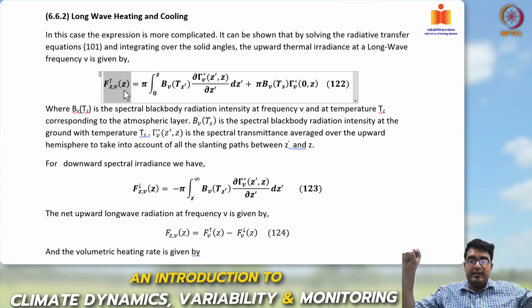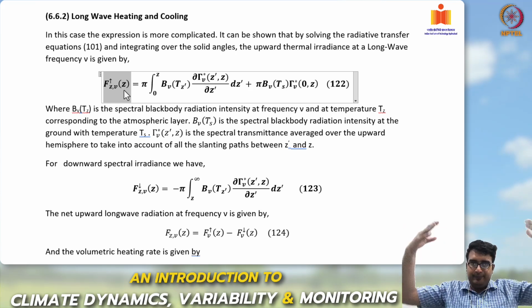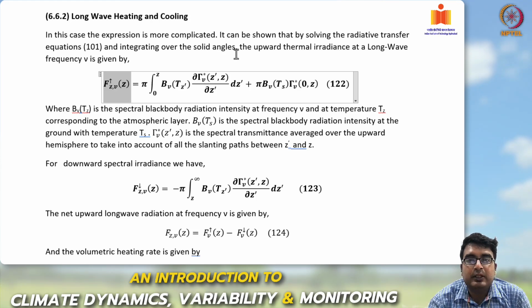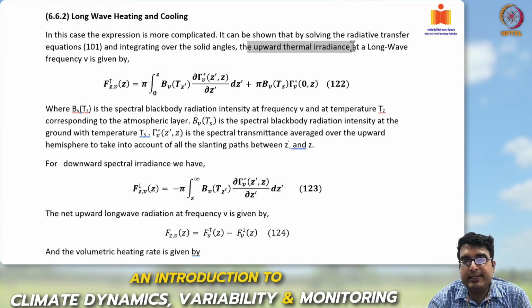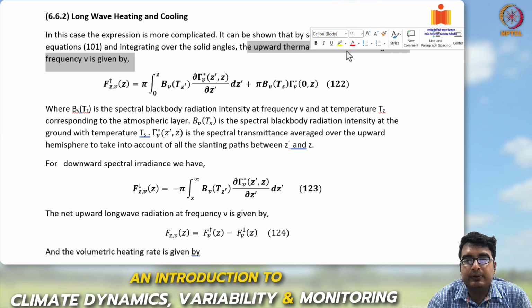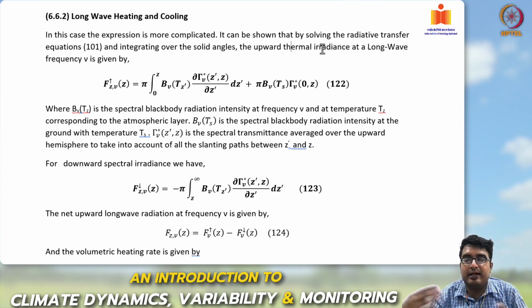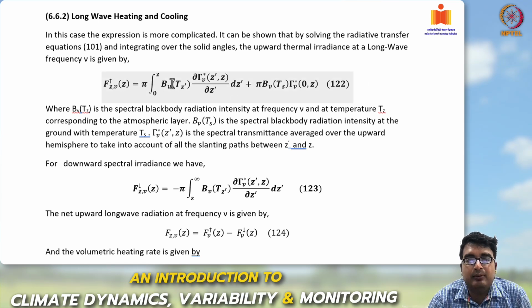So this is the atmospheric layer, whatever it is emitting upwards at Z. The upward thermal irradiance at the long wave frequency, so this is the thermal radiative flux intensity at a frequency nu, is given by this expression here, where this expression has two components.